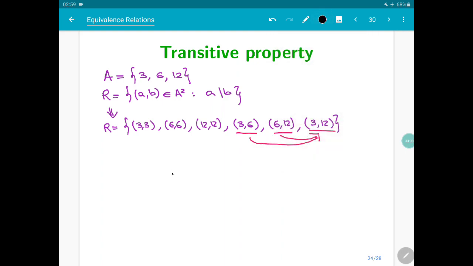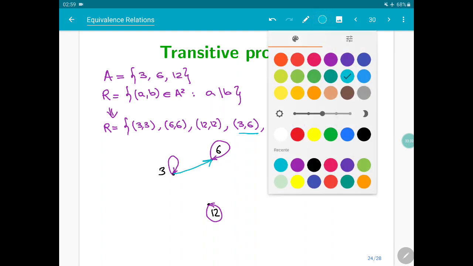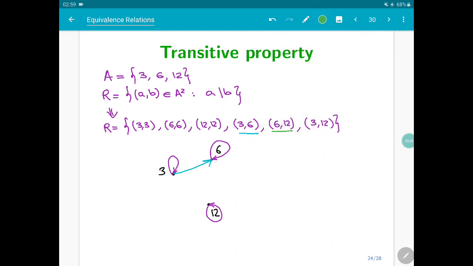So if we draw here the directed graph, which has vertices 3, 6, and 12. Of course, we have now some loops at every vertex, and then 3,6 tells me that I have this edge over here. 6,12 tells me that I have this edge over here.